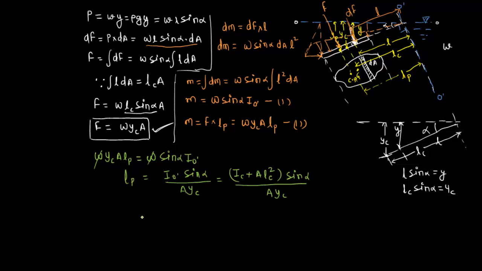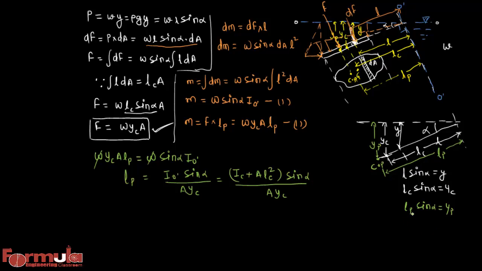Now we can convert this LP and LC in terms of YP and YC. So like this, LC sin alpha is equal to YC. I can also write LP sin alpha is equal to YP. You can say here that around here is the center of pressure, so this is YP, and the distance of the center of pressure from this imaginary surface is LP.